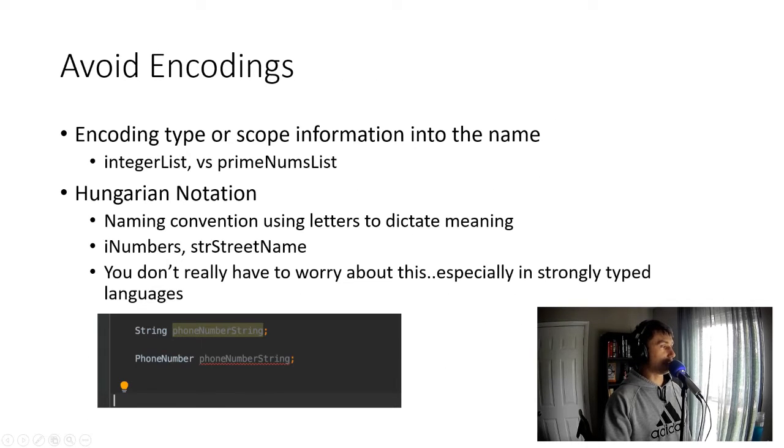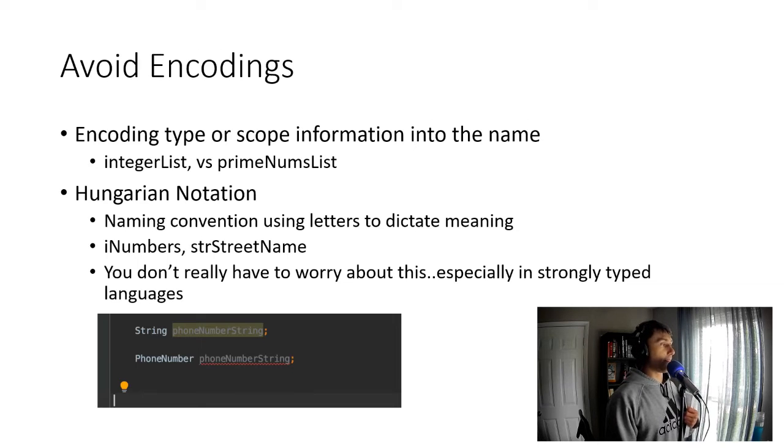So next, avoiding encodings. What are encodings? Encoding types or scope information into the name. We talked about this a little bit earlier too, where you use the type in the variable name. So if you have a list of integers, you're going to call that variable integer list versus prime nums list.